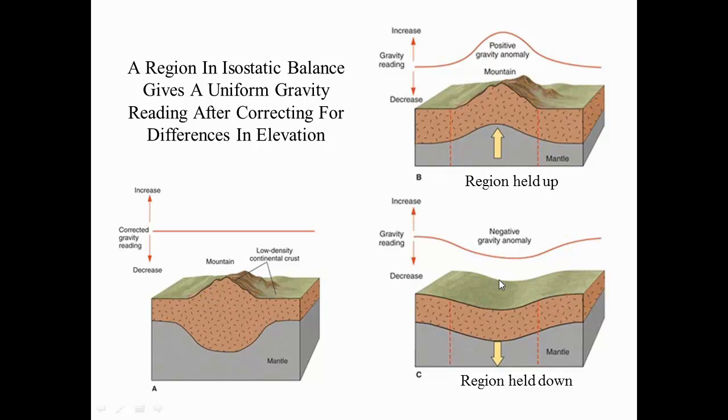Conversely, in the lower right-hand corner, where a region is being pulled downward, we're getting a negative gravity anomaly, where the gravity reading within that sink is lower than the gravity reading on either side of that depression.